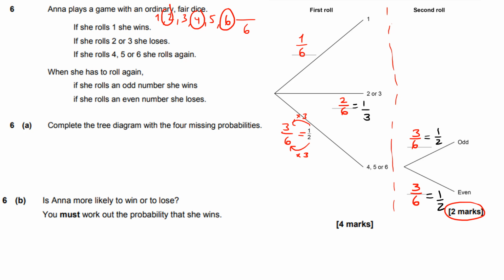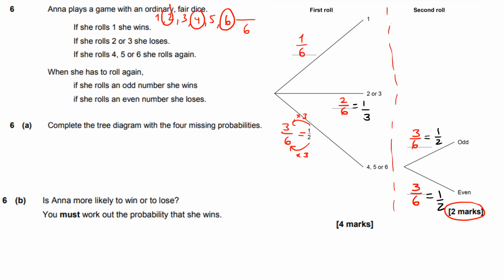For the second section, we need to think about it, and we need to just quickly read the question. Is Anna more likely to win or lose the game? So we need to find out 2 different probabilities. We need to find out the probability of her winning and the probability of her losing.